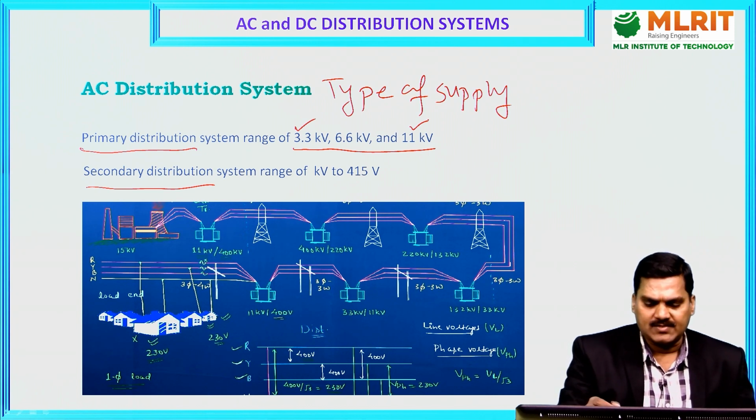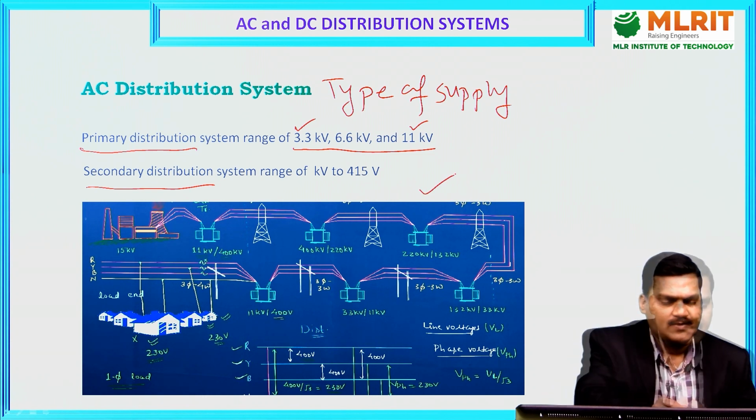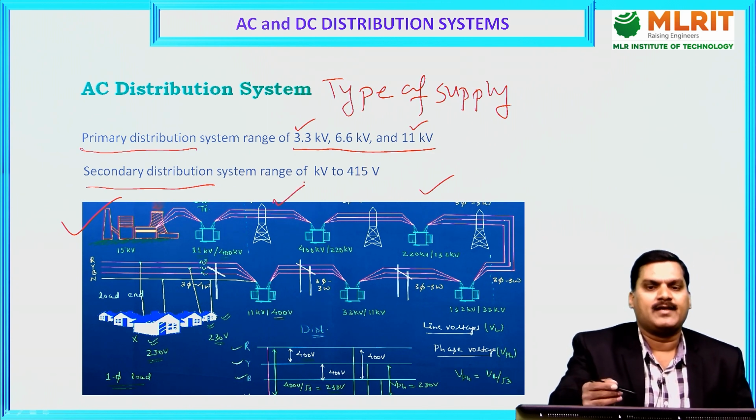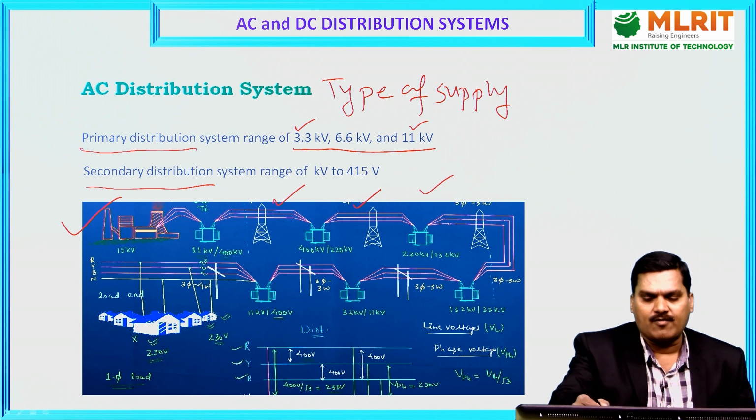If you see in this figure, there is a generating station. From the generating station, a step-up transformer steps it up to 400 kV. After that, there is a transmission line, and from the transmission line, a step-down transformer steps it down to 220 kV, again a transmission line, 220 kV to 132, 132 to 33, 33 by 11 kV.